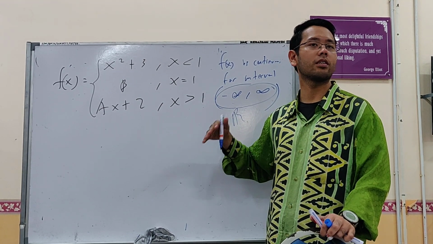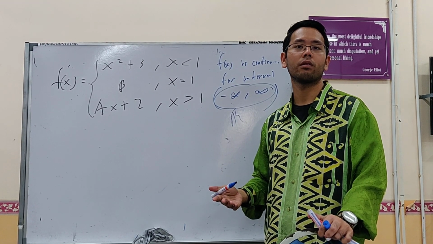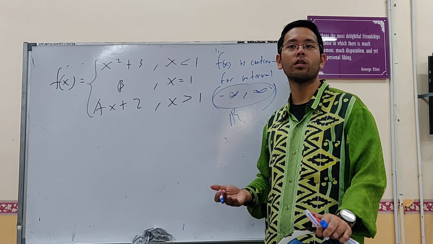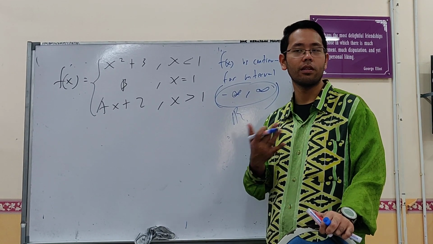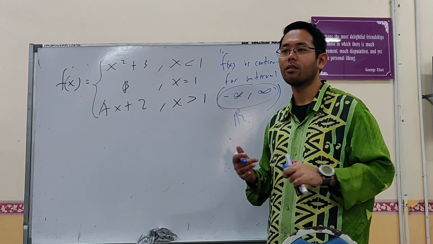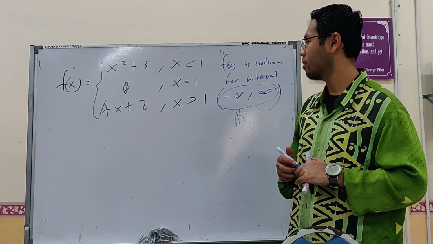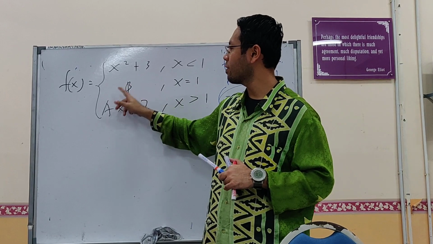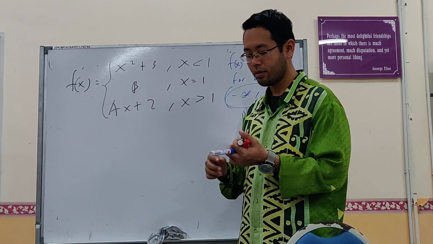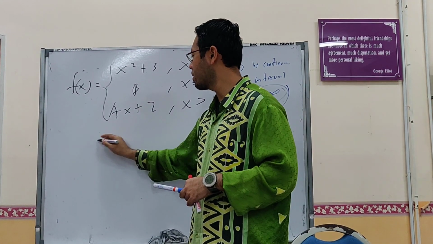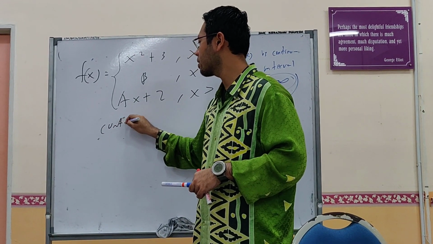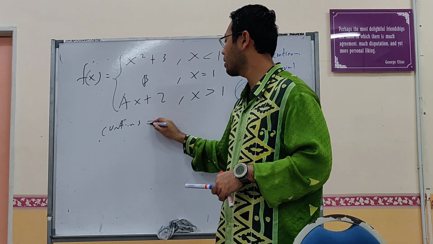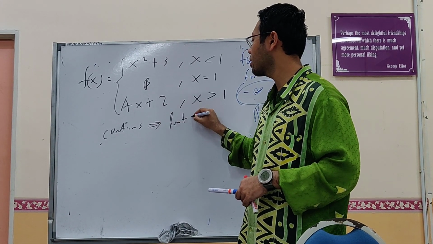So in short, this is an application question. If you know the graph is continuous, what does it mean? The limit exists. That's all. So we need to find the values of a and b. We know the limit exists.